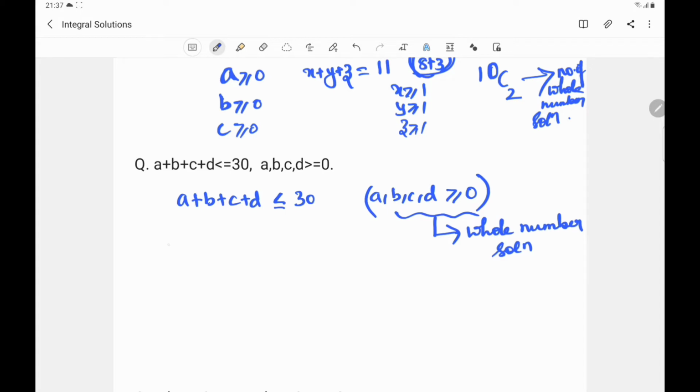So since the left hand side of this inequality is less than or equal to 30, I will add something to the left to make it equal to 30.